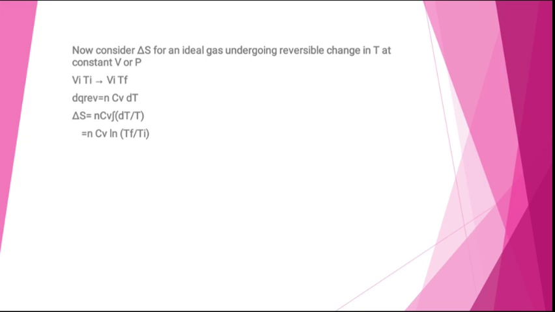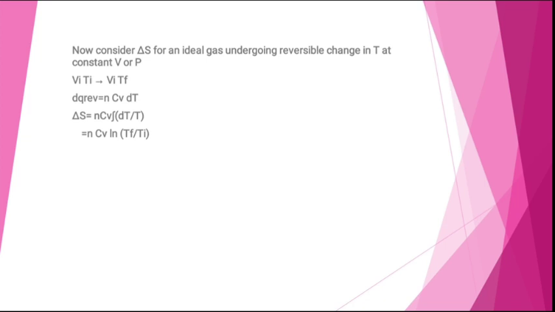So dq reversible is equal to n Cv dT. Here Cv represents the molar heat capacity at constant volume. So delta S is equal to n Cv integration of dT upon T, so n Cv ln of Tf upon Ti.